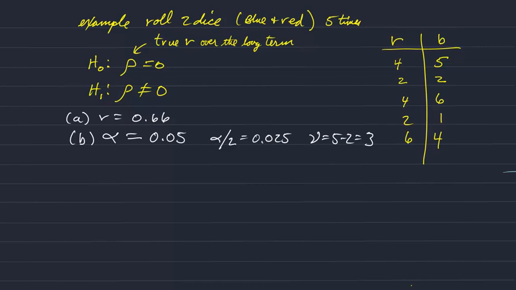The critical value of t is a symmetric function, so the critical value is t of 0.025 with 3 degrees of freedom. The absolute value turns out to be 3.182.